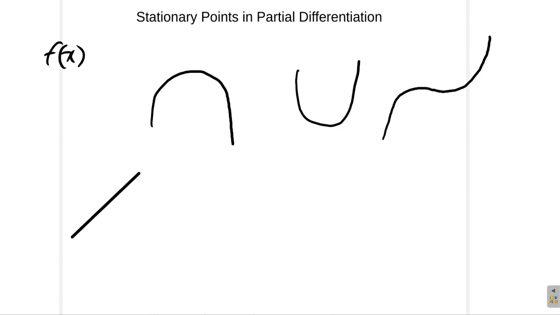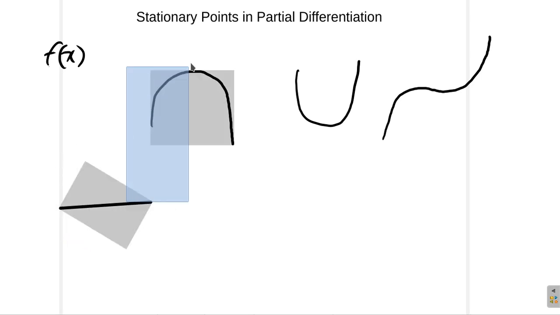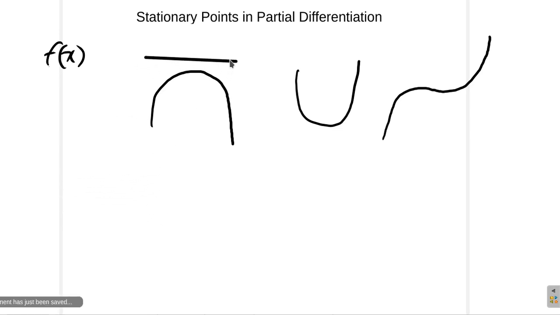Now, you have a certain point on the curve where the tangent is horizontal. And you know that the gradient of a horizontal line is 0.